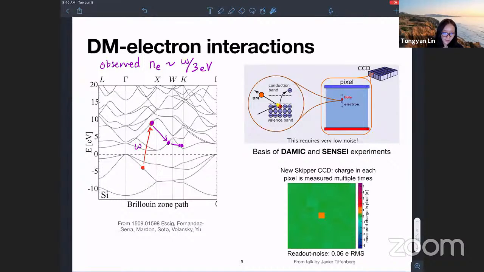Instead of usual CCDs taking pictures, you cover it for a long time and you wait, and you get a long exposure of the CCD in the dark. For instance, this one pixel here has a measured charge of exactly 1 electron being produced. Everything else is 0. Through this, you would say I have an event with 1 electron, which would correspond to about 1 to 3 eV. So it can be as low as the band gap, but it could be as high as 3.